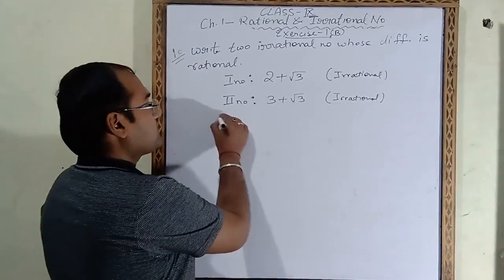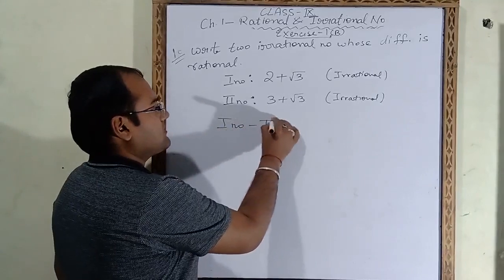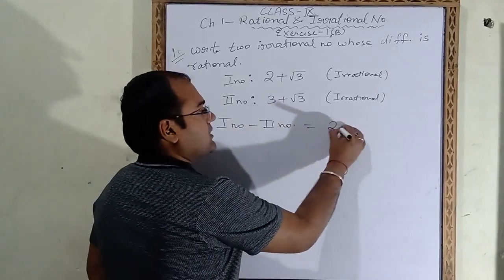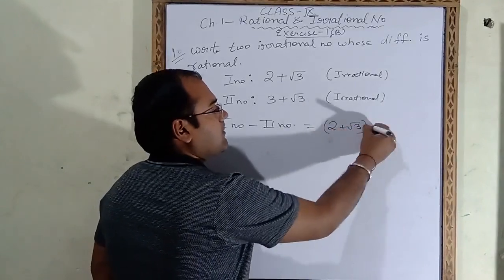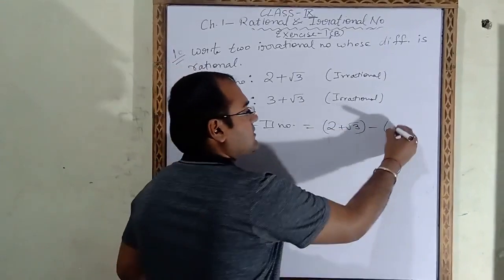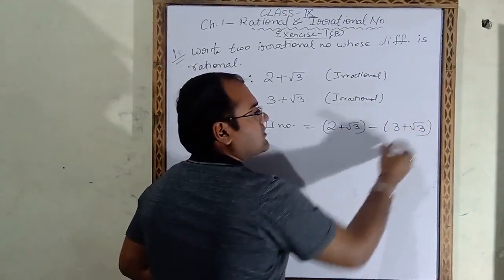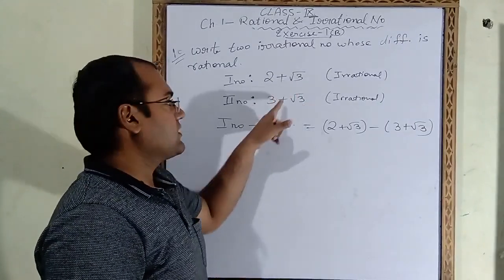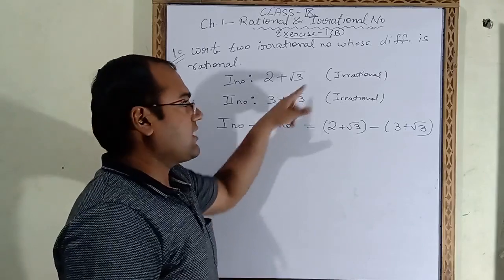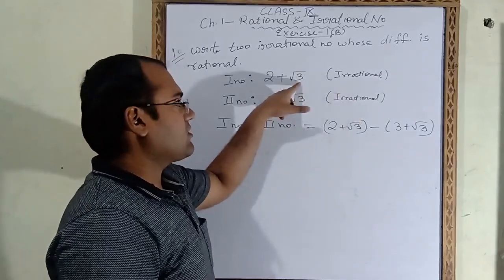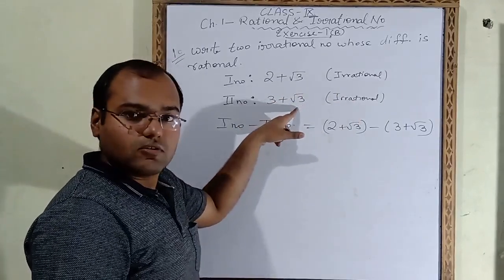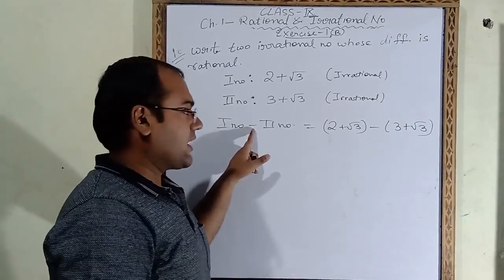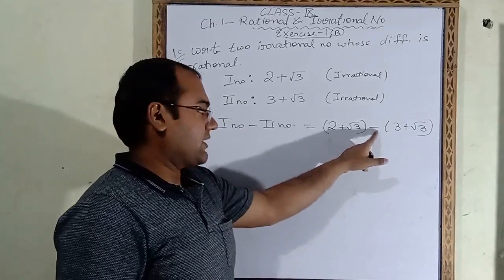So see here, first number minus second number: first number is 2 plus root 3, minus second number is 3 plus root 3. Both are different numbers. This is 2 plus root 3, this is 3 plus root 3. Both are different and both are irrational also, because here root 3 is coming and here also root 3 is coming. So difference we have to do. That's why I had taken minus here.